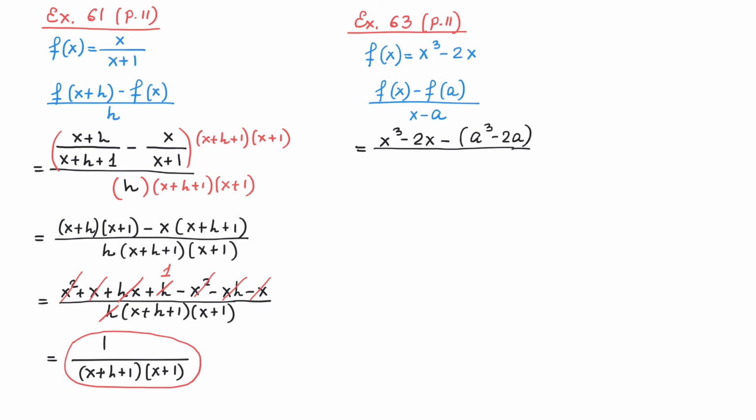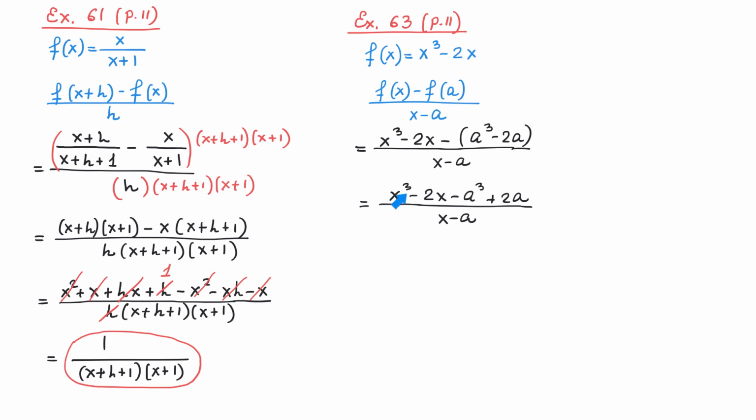In the denominator, we will bring down x minus a. In the numerator, we will remove the parentheses, and we will have x cubed minus 2x minus a cubed plus 2a over x minus a. So far, in the numerator, there is nothing that we can cancel, and if there is a way to simplify this expression, then it should be by factoring.